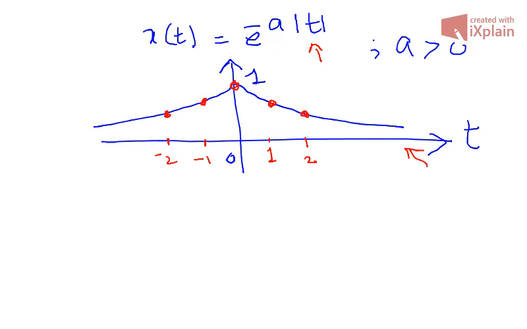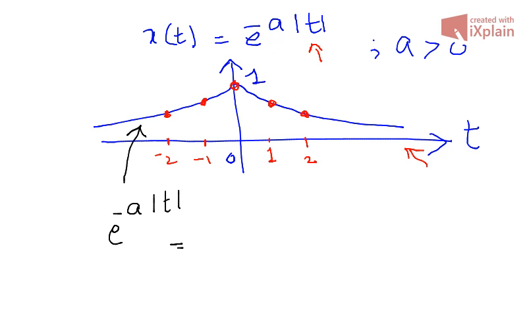Now if you observe this plot, from minus infinity up to 0, it's actually an exponentially increasing curve, right? And we can rewrite our e raised to the power minus a mod t.